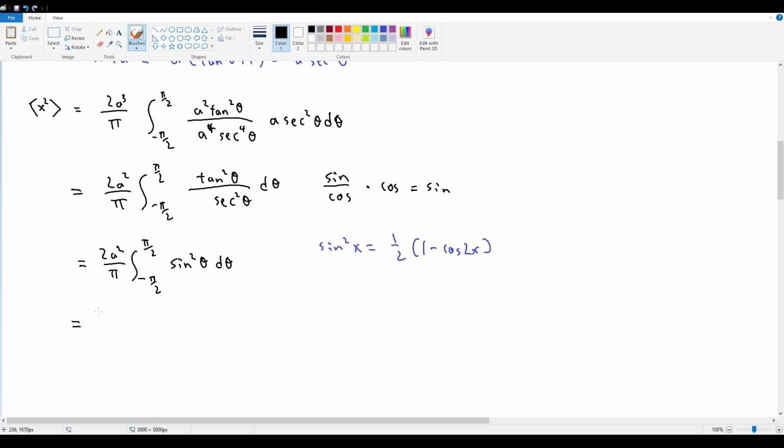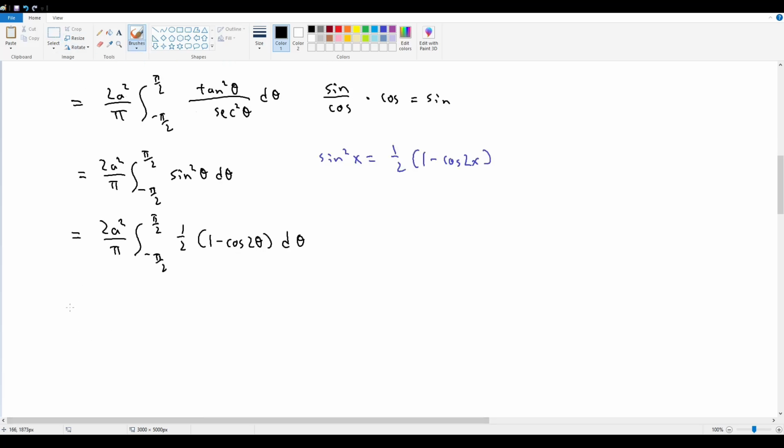We're going to replace this, and we're going to get 2a squared over pi times the integral negative pi half to positive pi half of 1/2 (1 minus cosine 2 theta) d theta, in which case the 1/2 cancels with the 2 in the front, and now you have a squared over pi, integral negative pi half to positive pi half of 1 minus cosine 2 theta d theta.